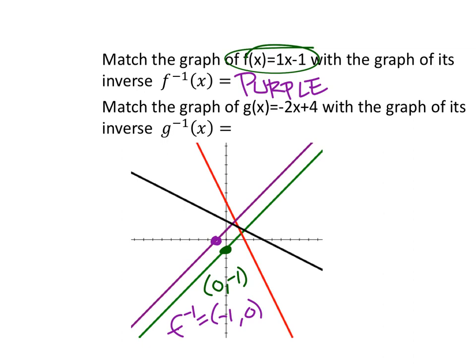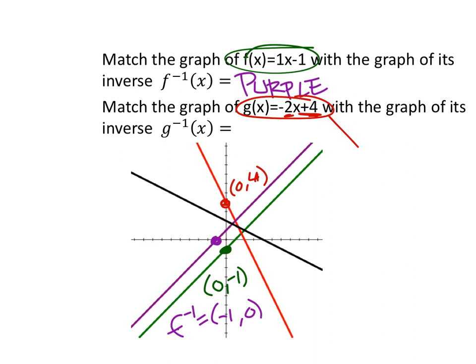So we've got g of x is -2x plus 4, and so that has a y-intercept of 4 with a slope of -2, so we know it's sloping downward. Well, the black one is doing that, but it doesn't have that y-intercept of 0, 4 like the red one does. So g of x itself is red.